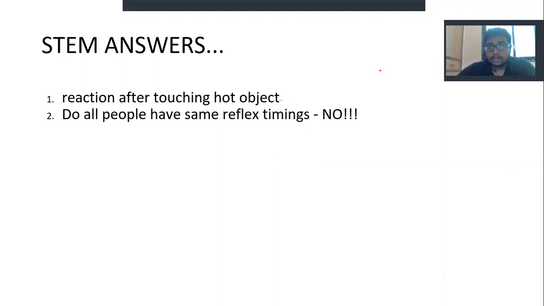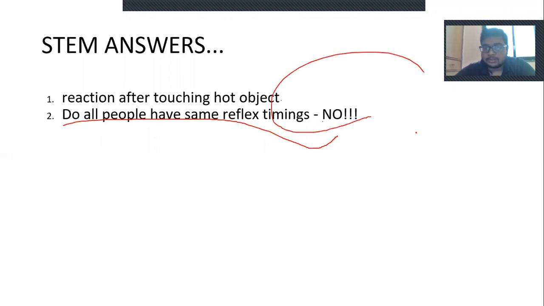It depends upon each individual's spinal cord, each individual's brain, and many other complex things. It depends on how aware that individual is, how much capacity, and there are many other complications regarding that. But to answer your question, do all people have the same reflex timings? No, all people do not have the same reflex timings.